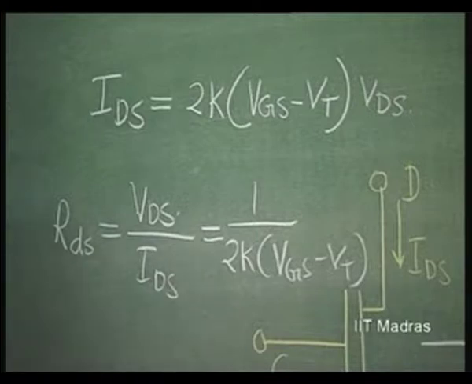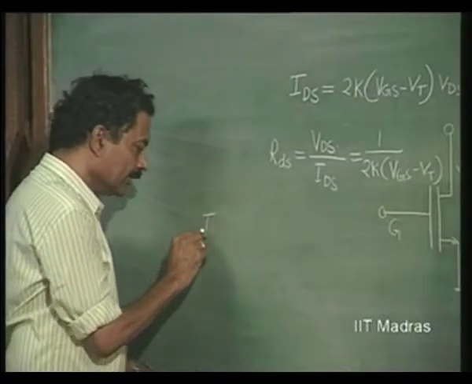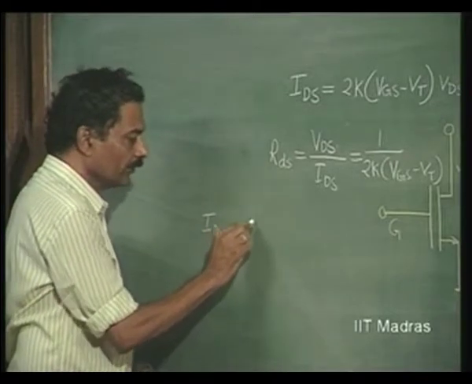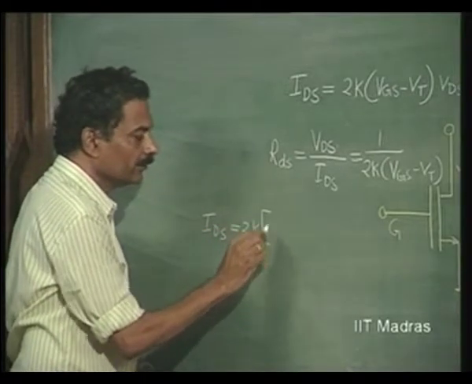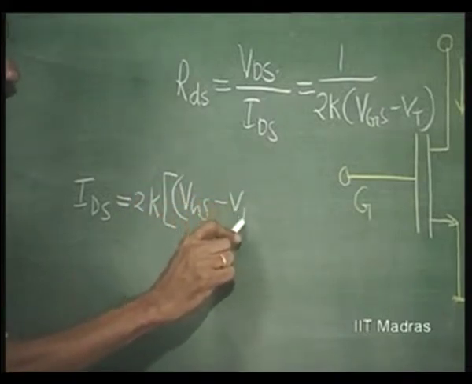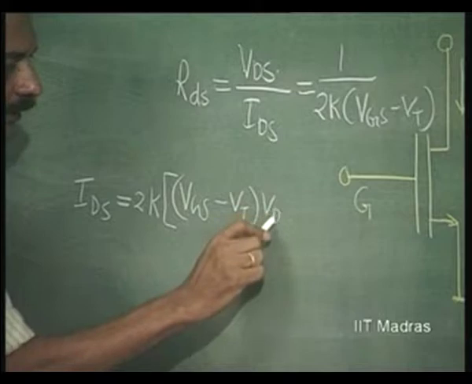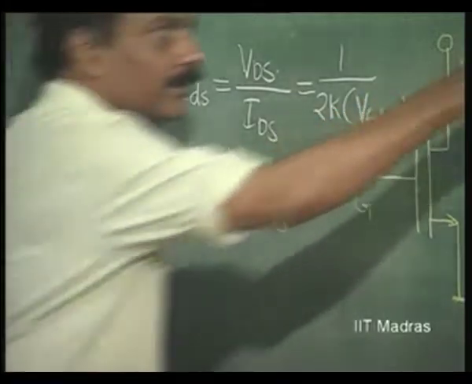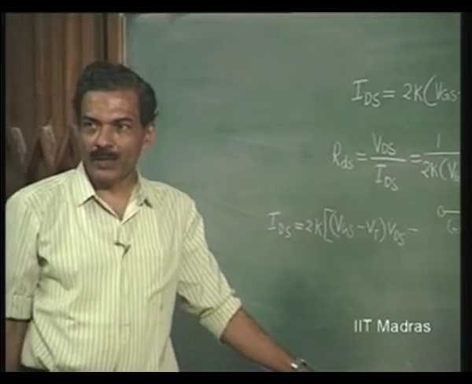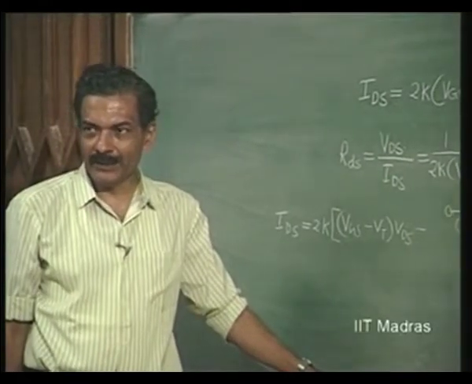Now, further modification. IDS actually speaking equals 2K into (VGS minus VT) into VDS, and this nonlinearity we said is square law, VDS squared by 2.